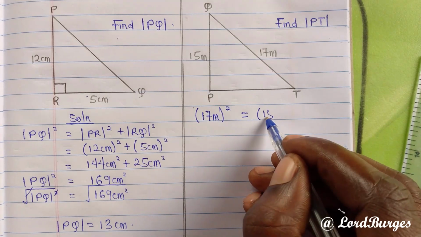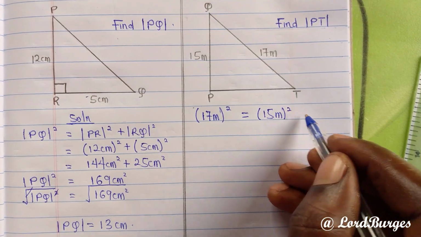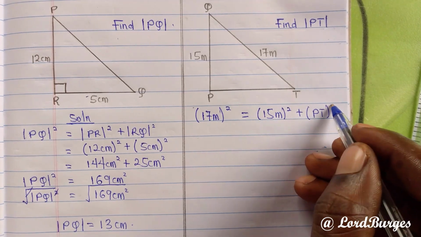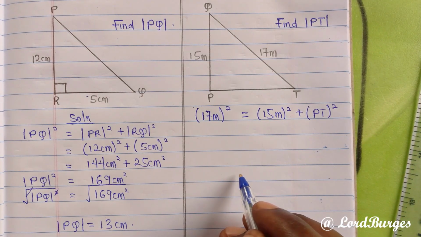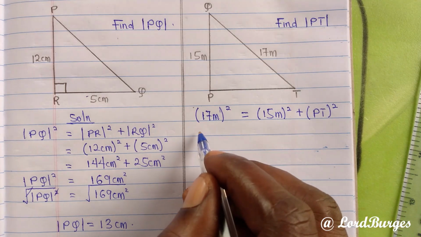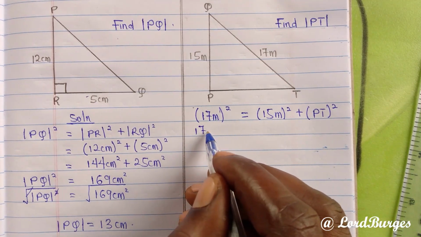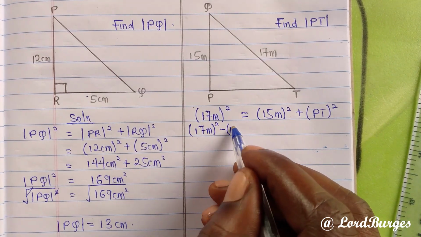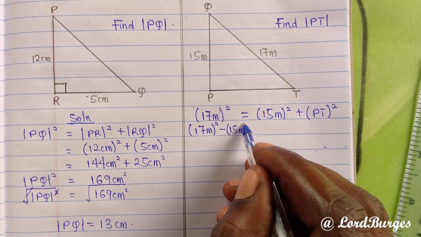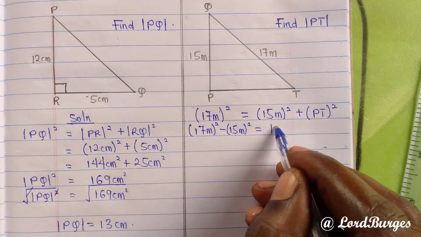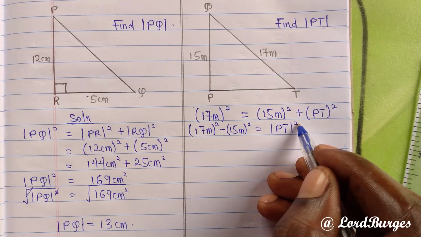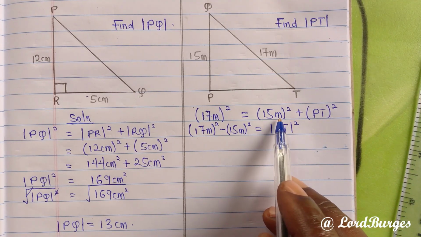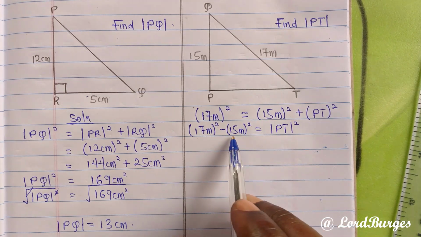So we have 15 meters squared plus PT squared, such that we now have 17 meters squared minus 15 meters squared to be equal to the length, that is PT squared. I just moved the other one to the other side, that is why it became negative 15.